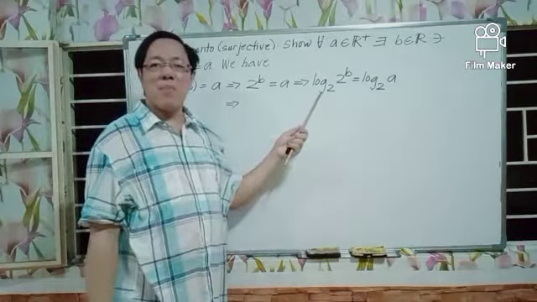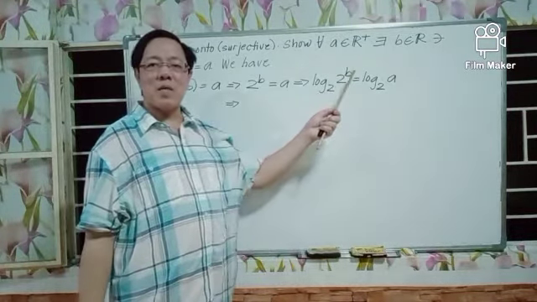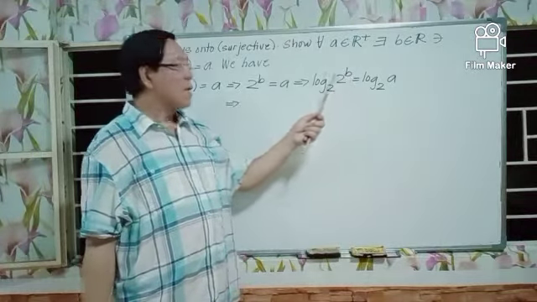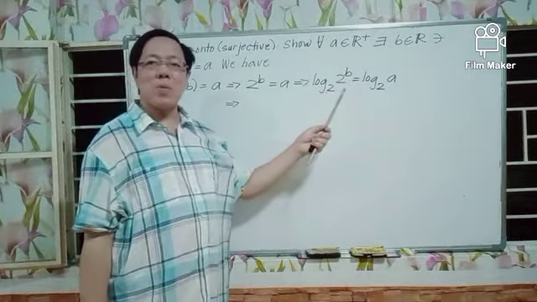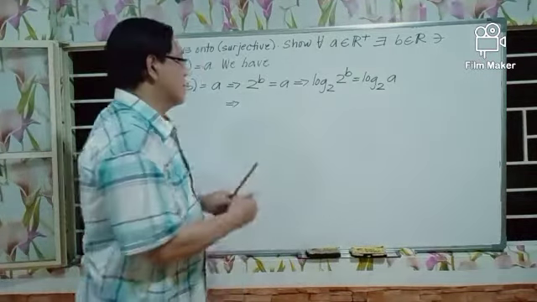And again, by property of logarithm, the logarithm to base 2 of 2 to the power b is equal to the exponent b times the logarithm to base 2 of 2, which is equal to logarithm to base 2 of a.